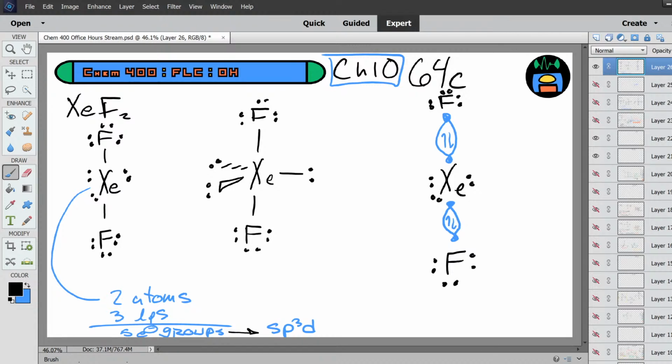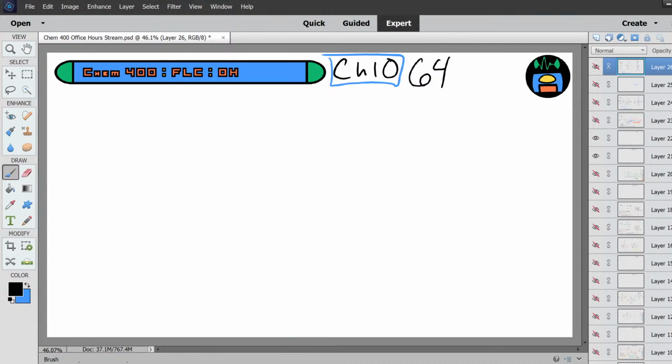I3 minus is going to look somewhat familiar. So if we look at part D, we're doing I3 minus.